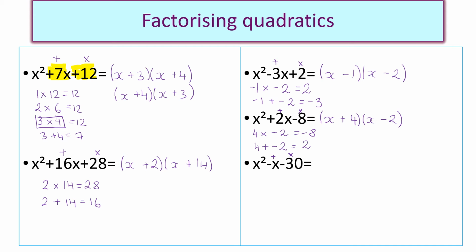I said to get the negative answer to addition, the bigger number needs to be negative. So that's going to be -6 times +5. -6 times 5 is -30, and -6 add 5 is -1. So x -6 in one bracket and x plus 5 in the other bracket.